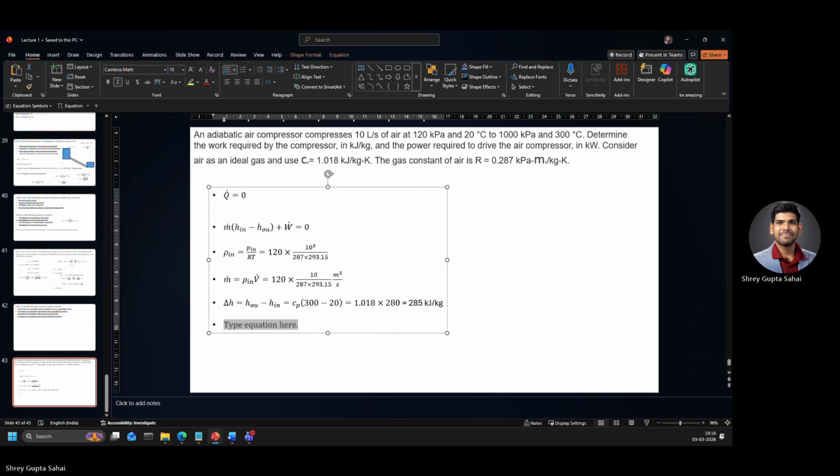285 kilojoules per kg. Then you just multiply the flow rate to get the work done. Because this is work done on the system, the compressor system, I'll calculate minus W dot, which is m dot times delta H, which is 285 times 10 to the power 3 times this entire thing.